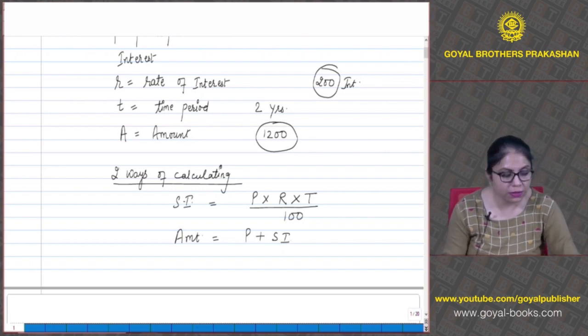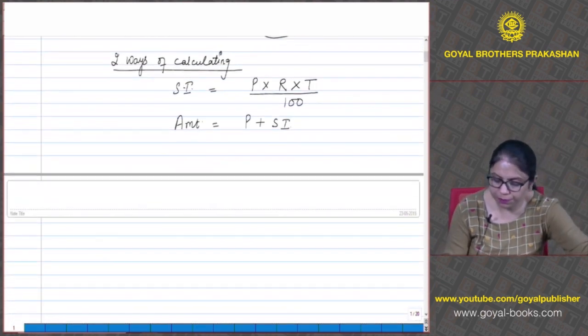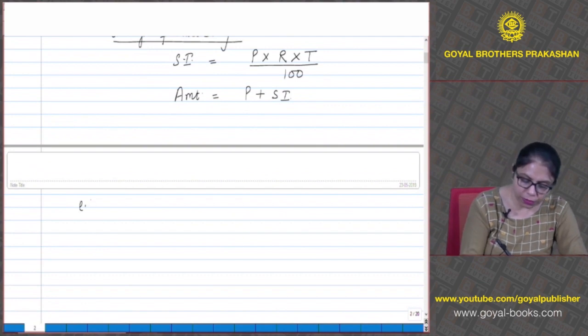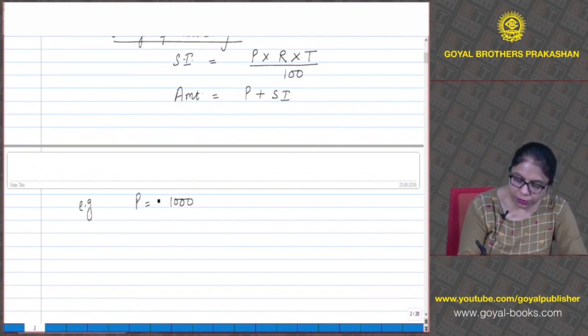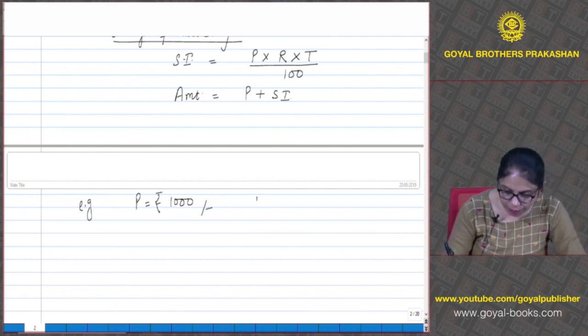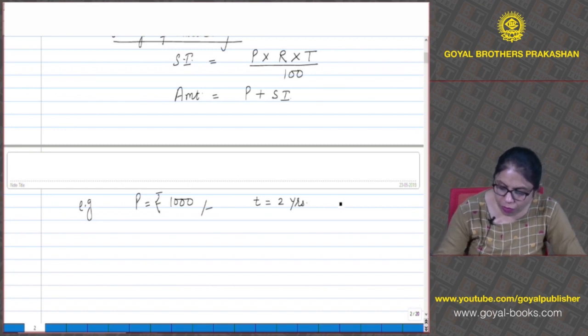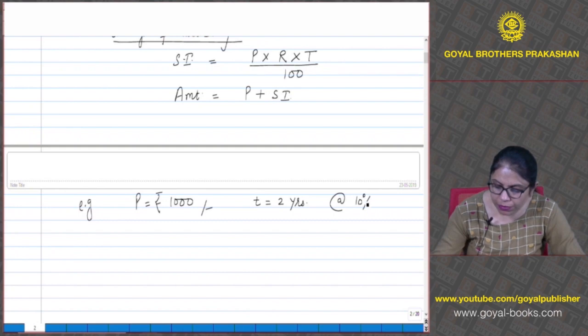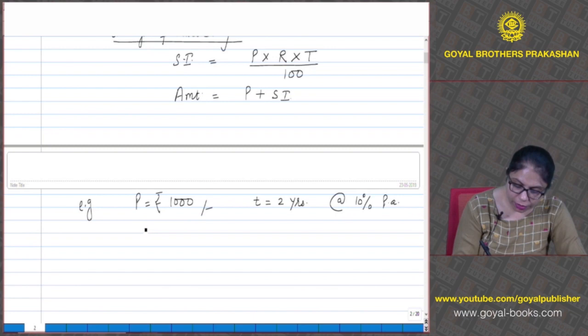Let's discuss this with the help of an example. Suppose the principal is 1000 and you are depositing this money in a bank for 2 years at the rate of interest 10% per annum. Then what will you get after 2 years?